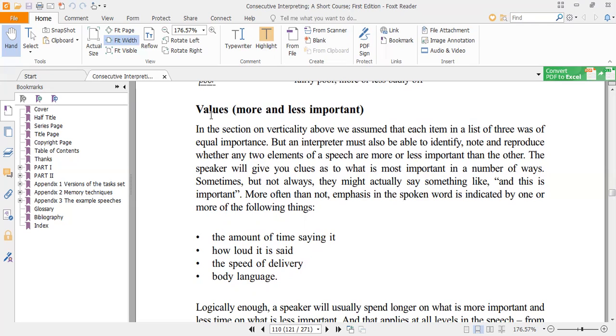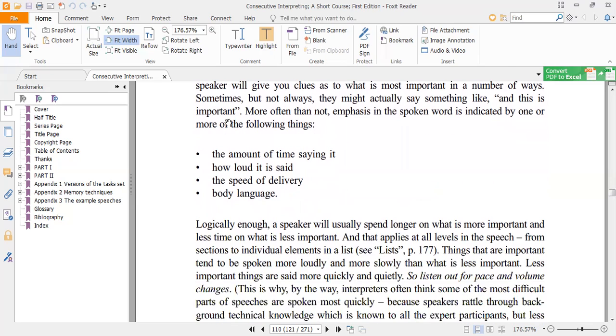Now we need to talk about certain techniques that highlight the most important issues. We also need to use certain techniques to highlight the less important information.